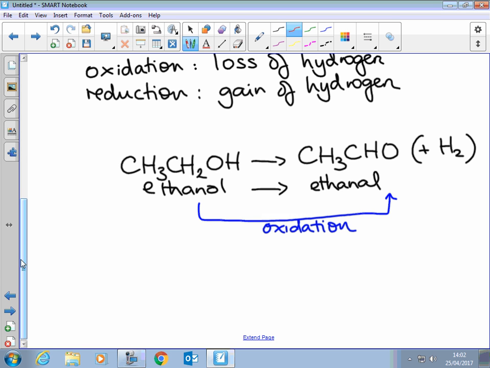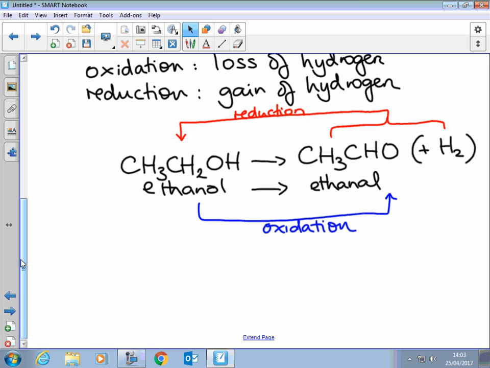Yeah, it's this whole lot. If you took all that and sent it back that way, then you'd have reduction going on. So again, we've got the potential for oxidation and reduction to happen at the same time, but they don't with this one. It'll be one or the other, but it's still a redox reaction.